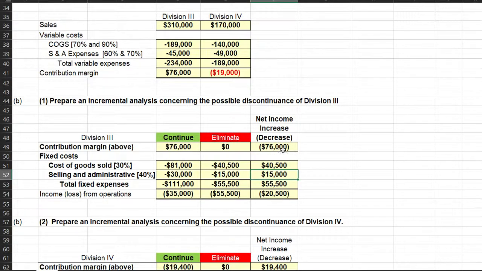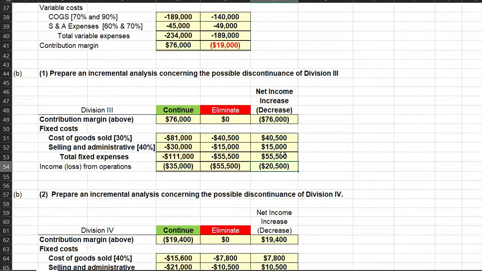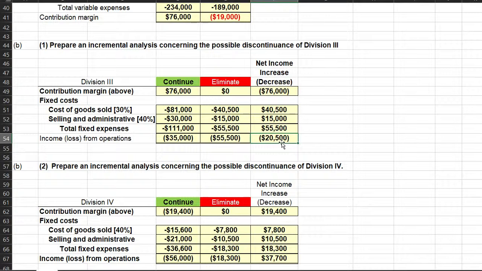In summary, we have a $76,000 decrease in net income, offset by a $55,500 increase in net income. So on balance, we would see a $20,500 drop in net income if we were to eliminate Division 3. So this would tell us that Division 3 may not be the division that we want to eliminate, because overall profit would decrease by $20,500.